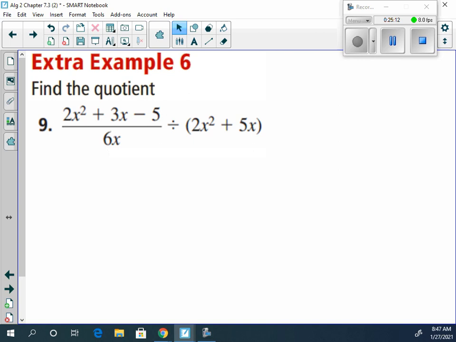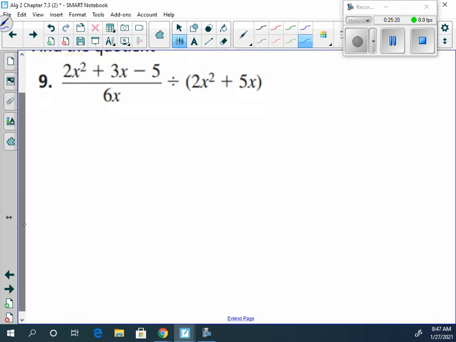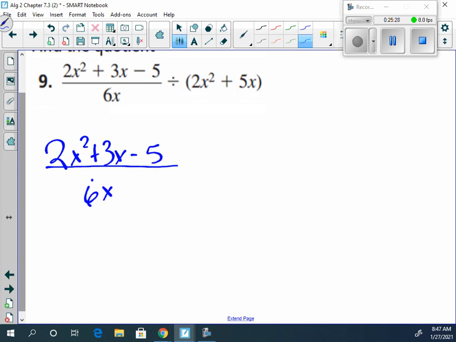Do we want to look at another one of these? Yes? Okay. So what would we do first? 2x squared plus 5x on bottom, and we would have 1 on top, because really this is over 1.